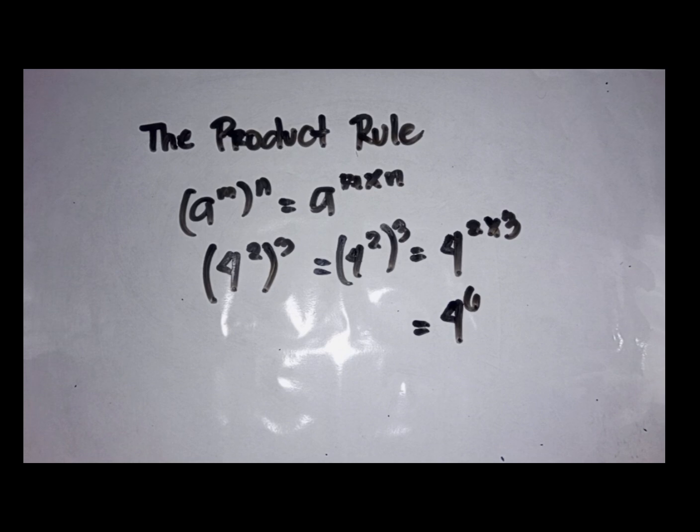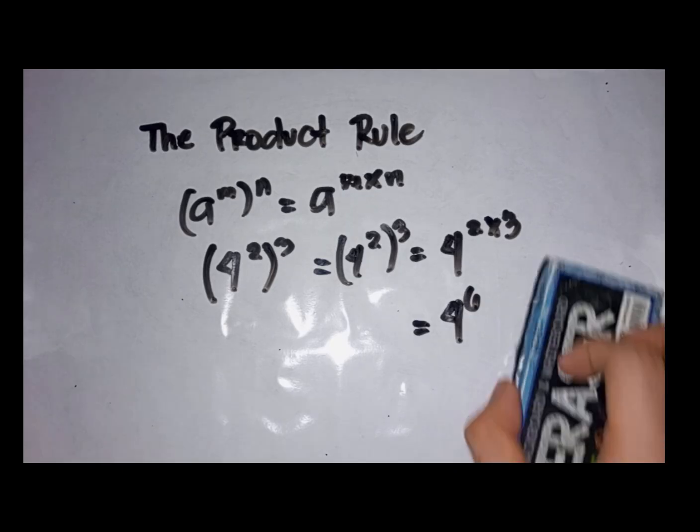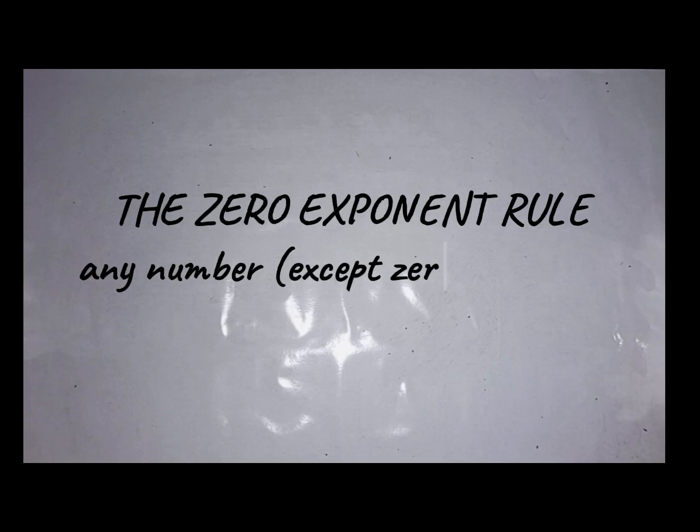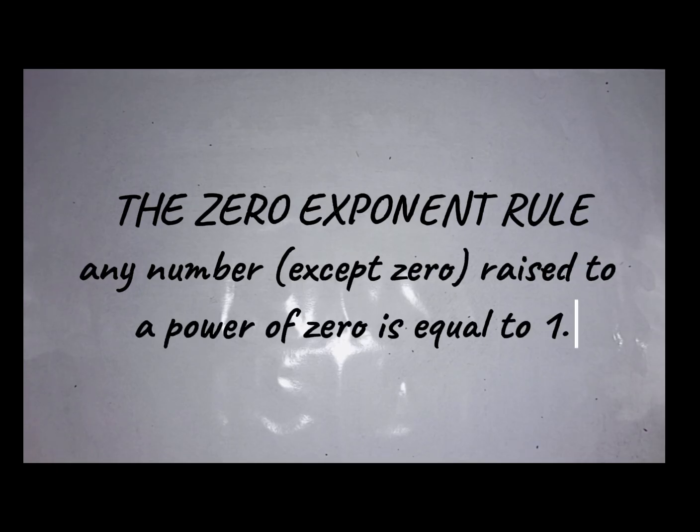Okay, now we have the next law, which is the zero exponent rule. This one is short and a little mind-bending, but it's super important. Any number except 0 raised to the power of 0 is equal to 1.